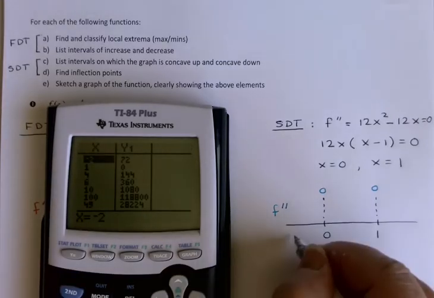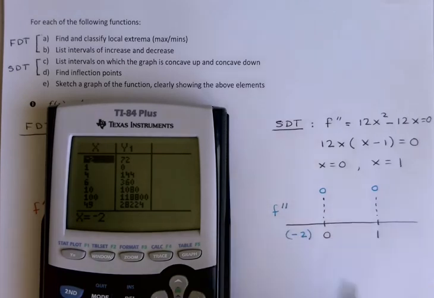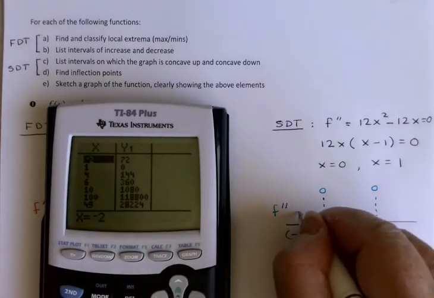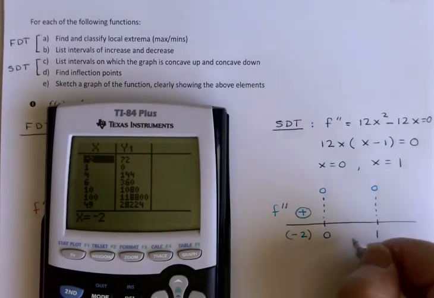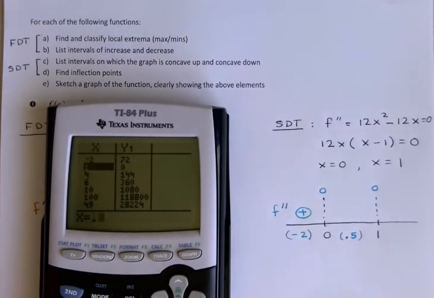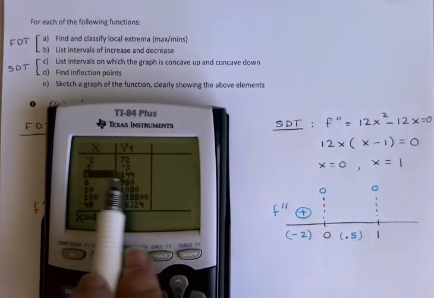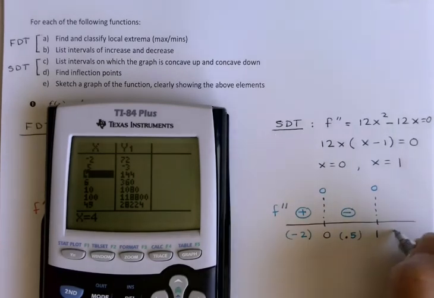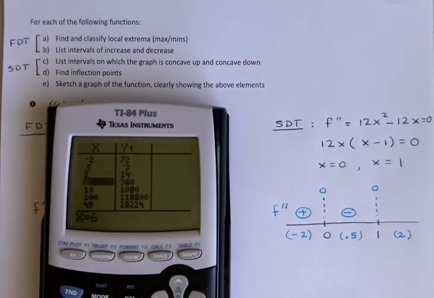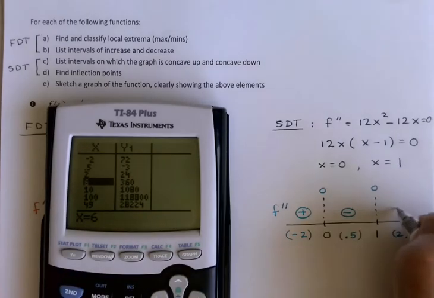Got -2 in there already. We might as well use it. At -2 it looks like our second derivative is positive. Between 0 and 1, maybe I'll use 0.5. And it looks like our second derivative is negative. And then let's try 2, positive again.